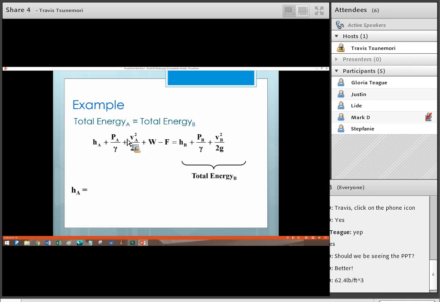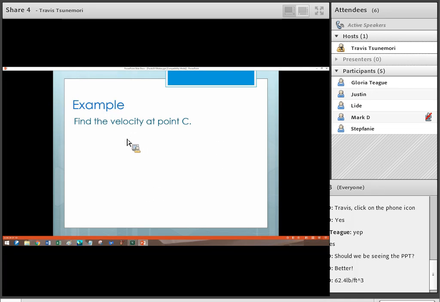So then the only thing we have is the height of the fluid that gives us the amount of energy at point A. So the height of the fluid at A is 125 feet, and that equals the total energy at B. That's an example of how we can use the conservation of energy and strategically picking our points when we're solving Bernoulli's equation to get an answer.